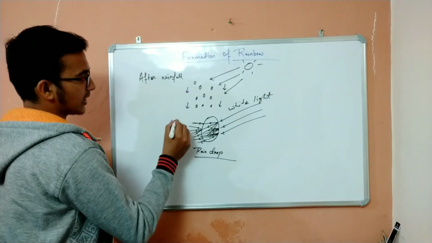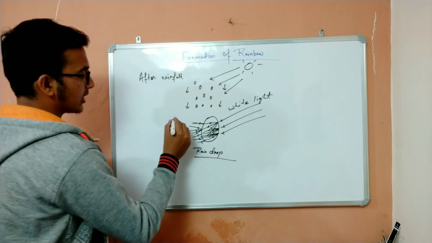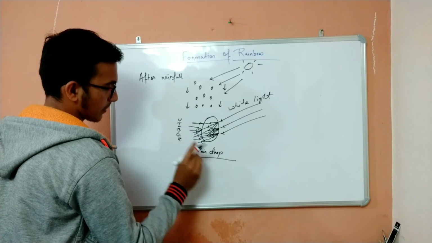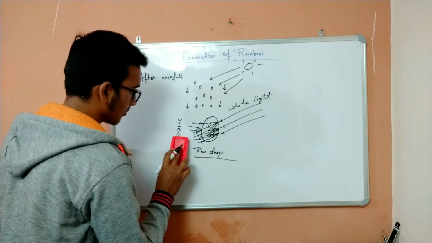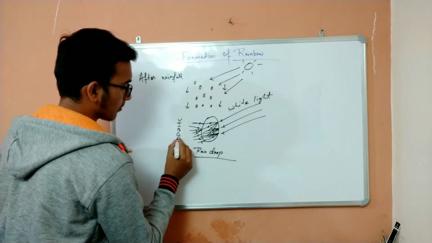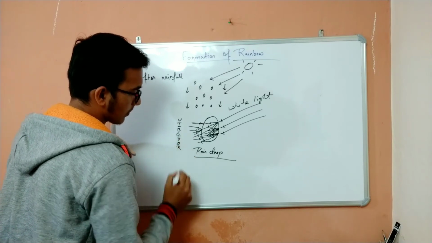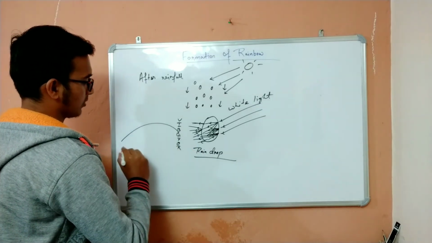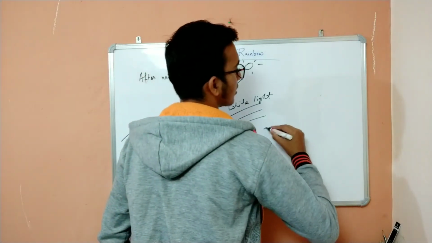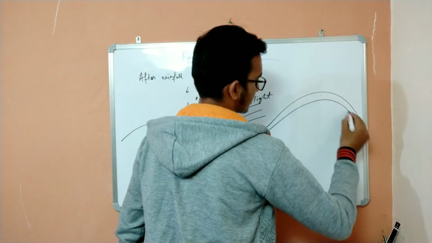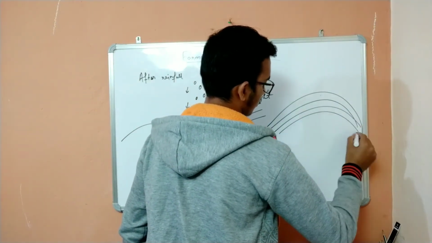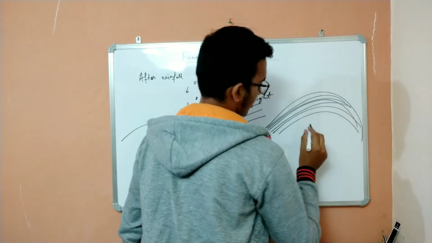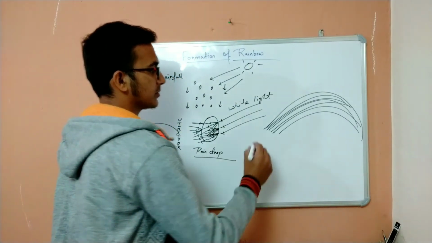You get different colors of light, and not just different, you get the VIBGYOR. And this is how you get a rainbow. You get a beautiful rainbow in the sky, which has 7 different colors. Okay, so this is how you get it.